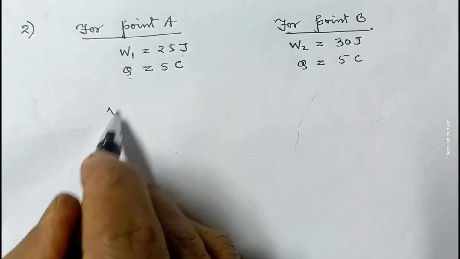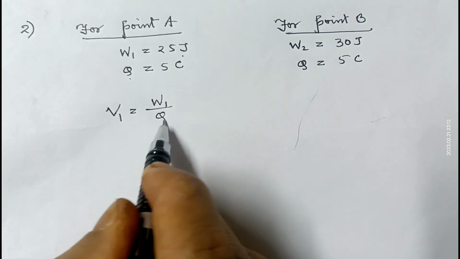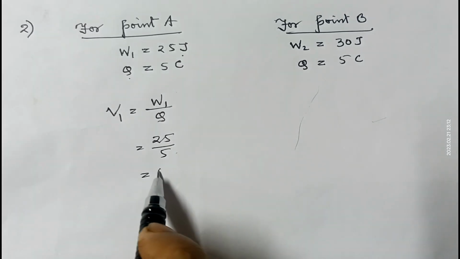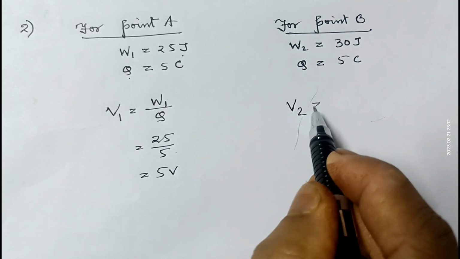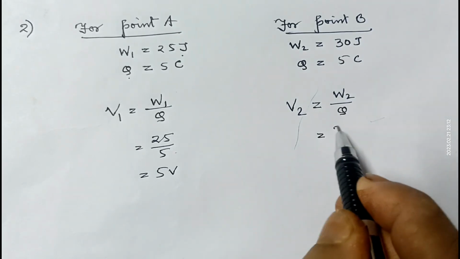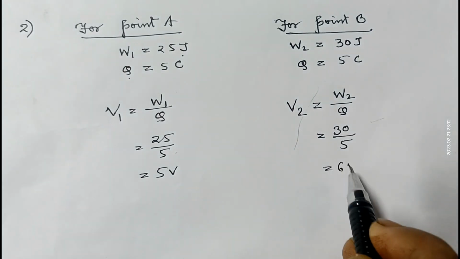So here potential, we know, is W by Q. So we write W1 by Q, that is 25 by 5, which will give 5 volt. Again potential at point B will be W2 by Q. W2 is 30 joule and Q is 5, so it will be 6 volt.